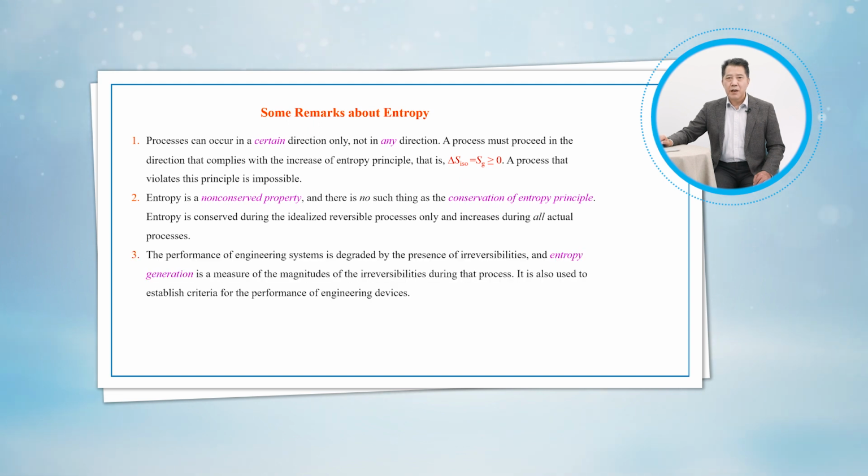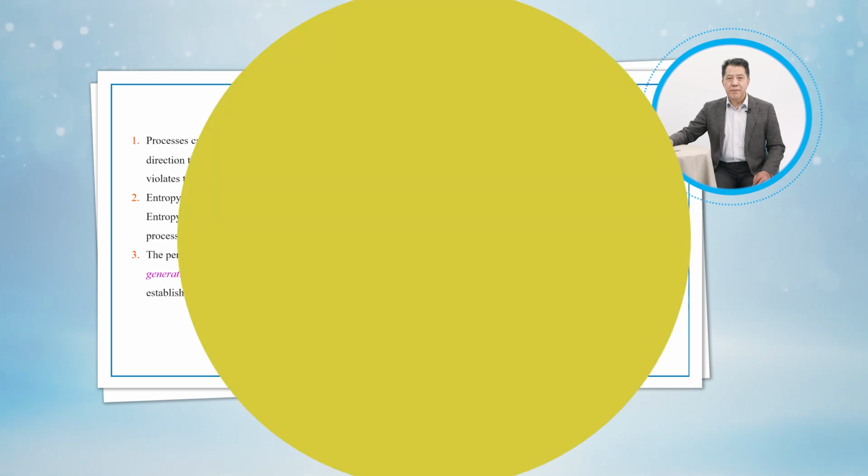The performance of engineering systems is degraded by the presence of irreversibilities, and entropy generation is a measure of the magnitudes of the irreversibilities during that process. It is also used to establish criteria for the performance of engineering devices.